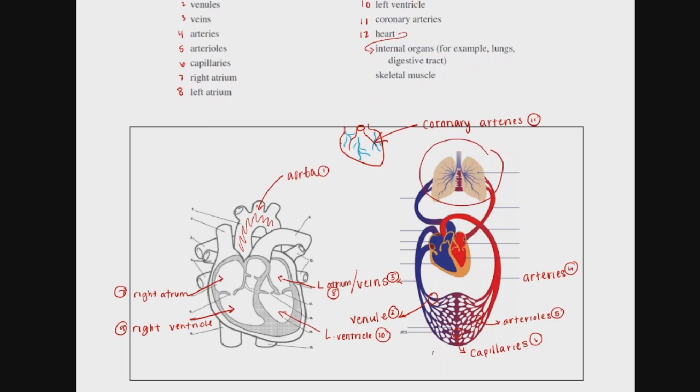And this diagram down here is kind of just representative of the rest of the body. That is showing the internal organs like the lungs, the digestive tract, where all of that oxygenated blood will go.